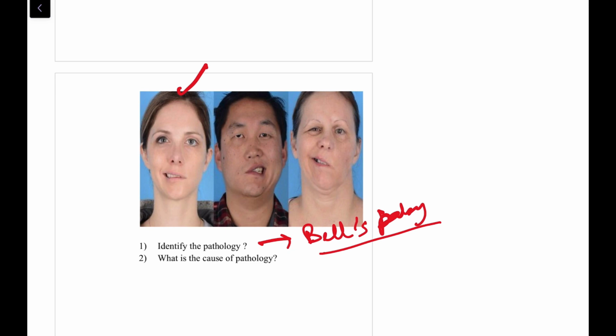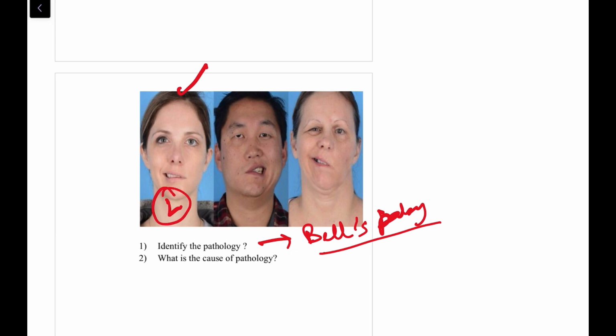As you can see the groove here, and this part of the face, the left side of the face, is more or less expressionless. The orbicularis oris is also not functioning properly over here. So this is a left-sided Bell's palsy.